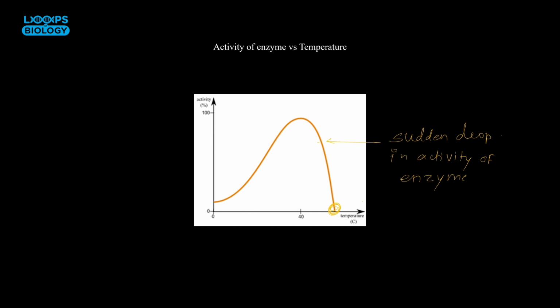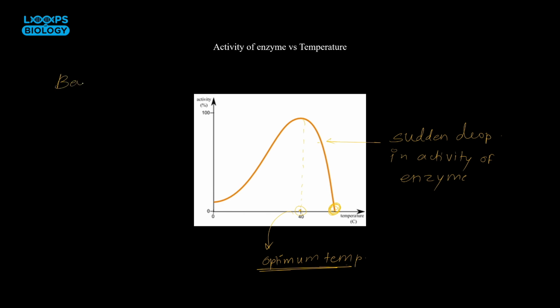Why is that happening? If this particular temperature is my optimum temperature, I can see the maximum activity of the enzyme at this point. However, if I increase the temperature beyond this point, then the peptide bonds start to break down.